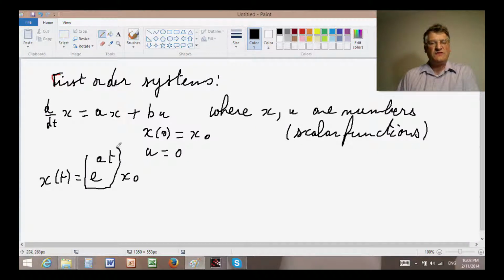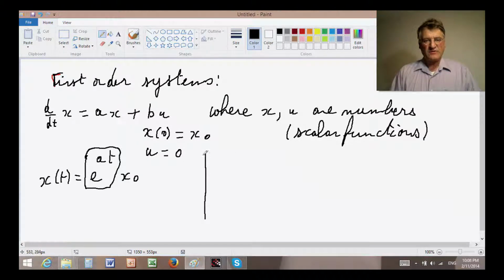And the response of the system is summarized by this quantity. Now, what does this response look like? Well, it looks like a decaying exponential. If x0 is here and 0 is there, notice that x0 could also be negative.